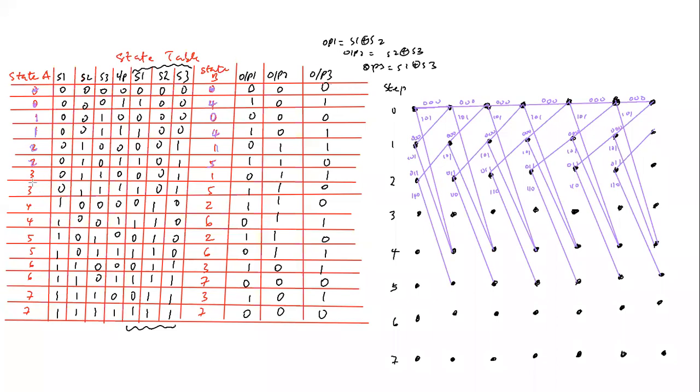Once again, we move from 3 to 1, and from 3 to 5. So from 3 to 1, 3 to 5.